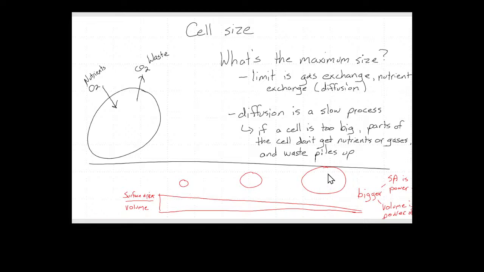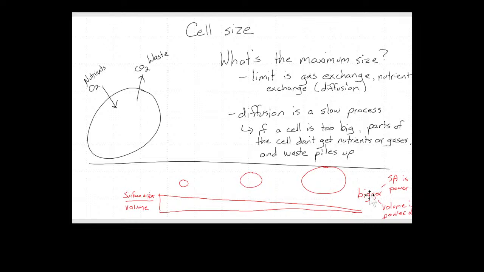But let's say we have cells that are circles in general, spheres. We could take the ratio, the surface of our sphere versus the volume of the sphere, and a small cell will have a large surface area to volume ratio, and large cells have a lower relative surface area to volume.